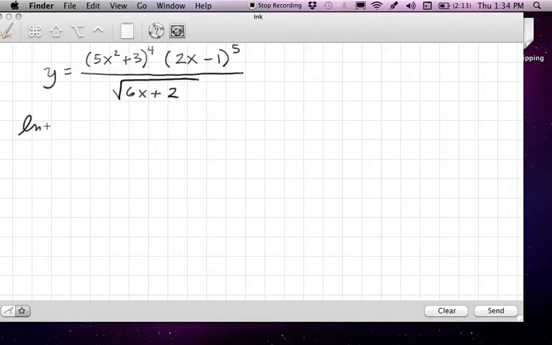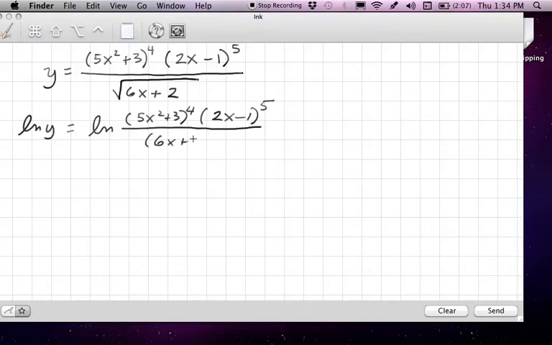So with logarithmic differentiation, the first thing I would want to do is take the natural log of both sides. So natural log, and then I'll have (5x squared plus 3) to the 4th, (2x minus 1) to the 5th, all over, and I'm going to change this to a half power, (6x plus 2) to the 1/2.